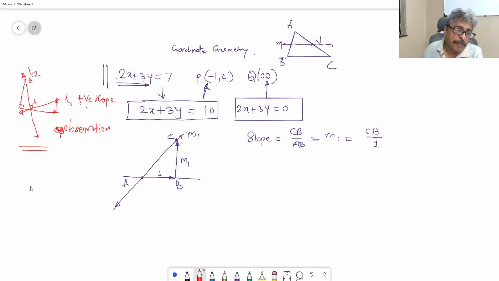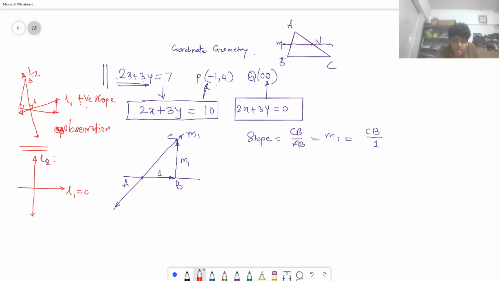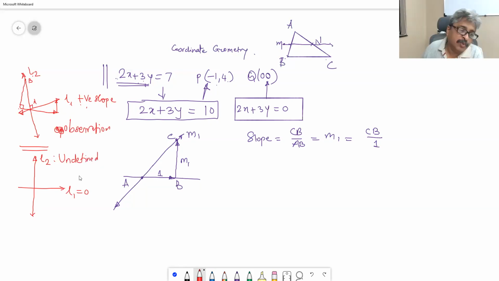If the slope of L1 is 0, then the line perpendicular to L1, L2, will have slope undefined. So case 1: L1 slope is positive or negative; in that case, L2 is negative or positive if they are perpendicular.